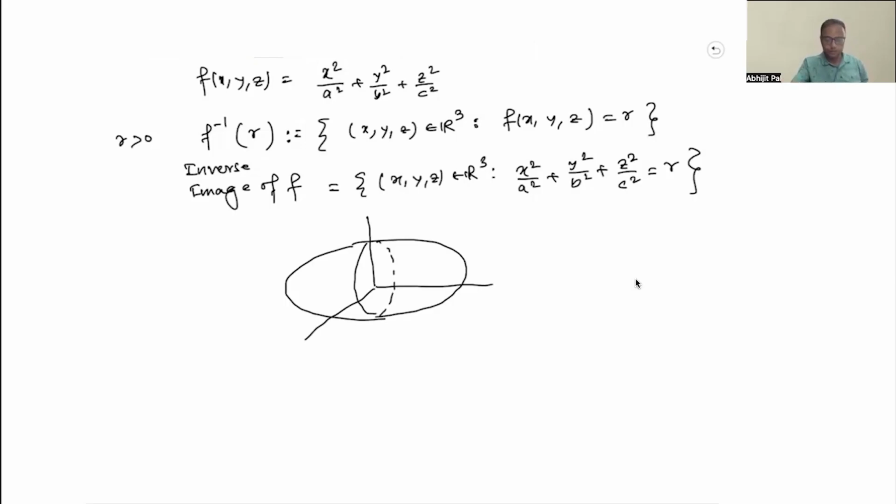Okay, all right. So now our next theorem: suppose you take a regular value of the function f, then its inverse image will be a regular surface. Okay. So proposition.